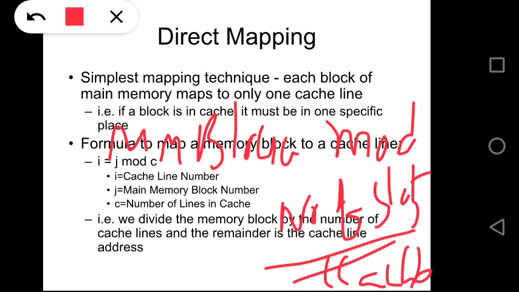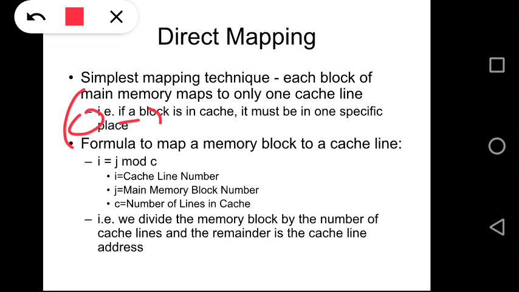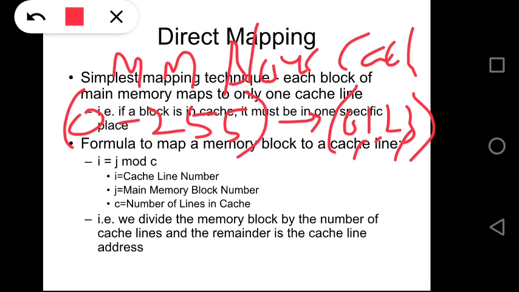So in the earlier case, what is happening? The main memory can contain block number 0 to 255. These are main memory block numbers, which have to be converted into 0 1 2 3. This is the cache block number.